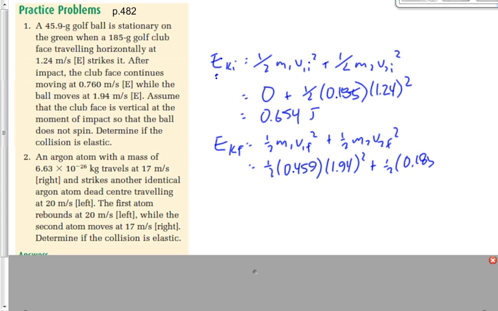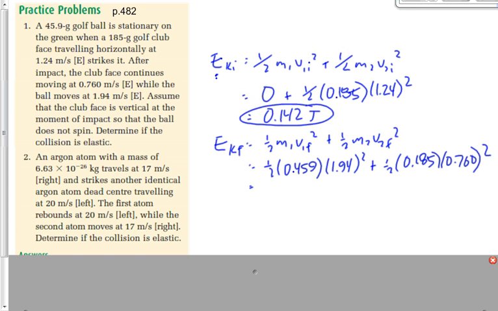The club, after the collision, is moving at 0.760 meters per second. What do we get the final kinetic energy of the golf ball and the golf club to be there? For initial? What'd you get? 0.1422? Okay. 0.142 joules, thank you.